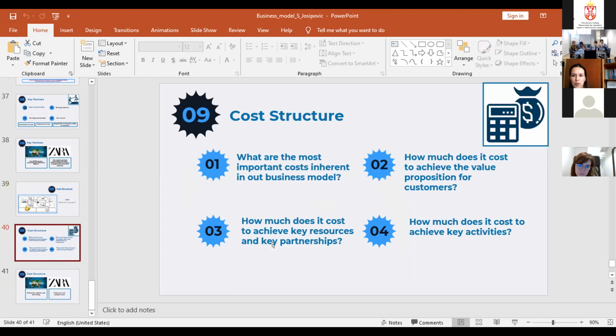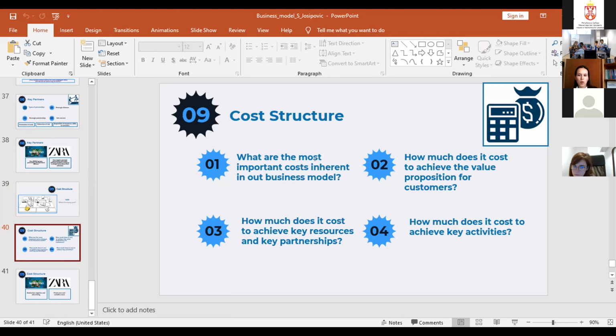This block of the business model canvas describes all costs incurred to operate a business model, defined as the monetary cost of operating as a business. Here we must answer four questions.